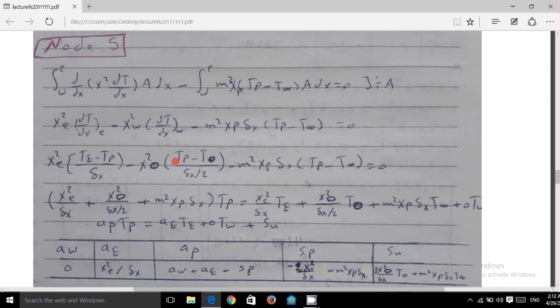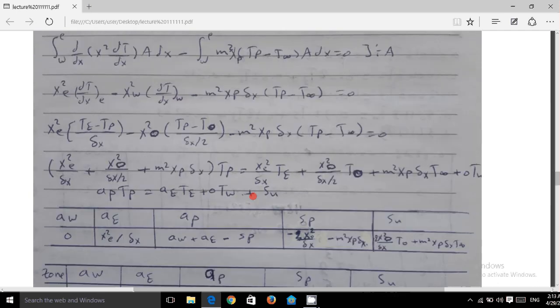And dT over dx will convert to (T_P minus T base temperature). I don't have T_W, I have the base temperature, over delta x over 2. I have already explained why delta x over 2, minus m squared x_P delta x (T_P minus T infinity).